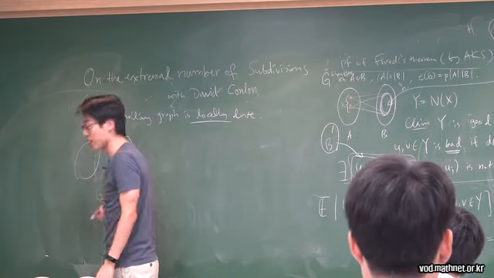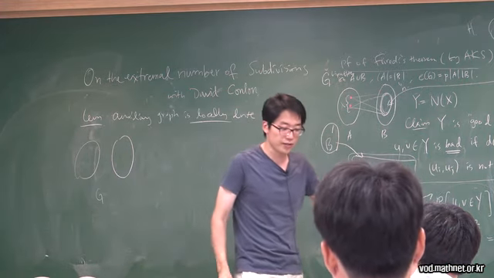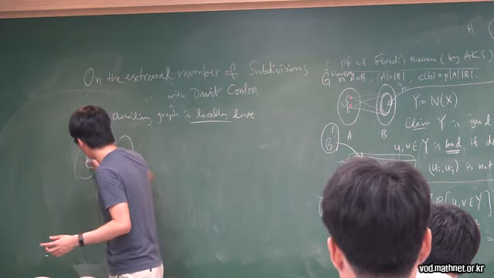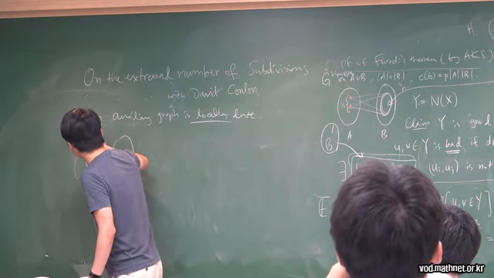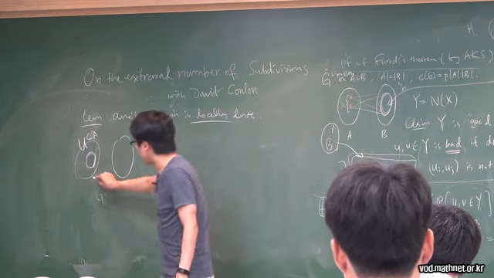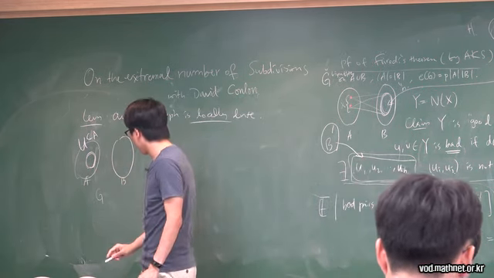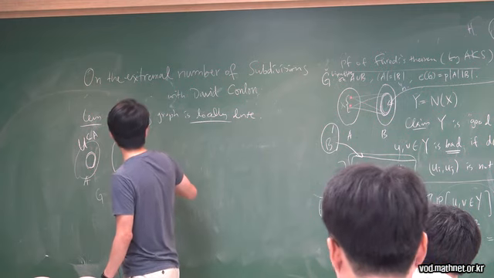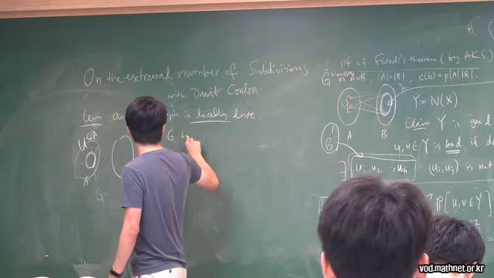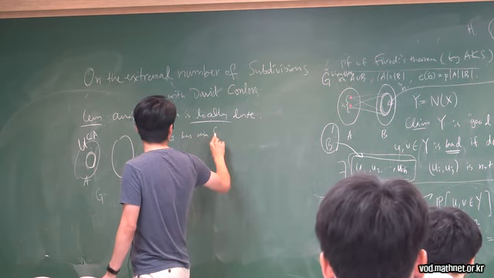The reason is as follows. Suppose my G is here, and I count the number of K12s. Sorry, I'm going to start with some U in A, where the whole graph is on A union B. Modulo some technical conditions, G has minimum degree delta.